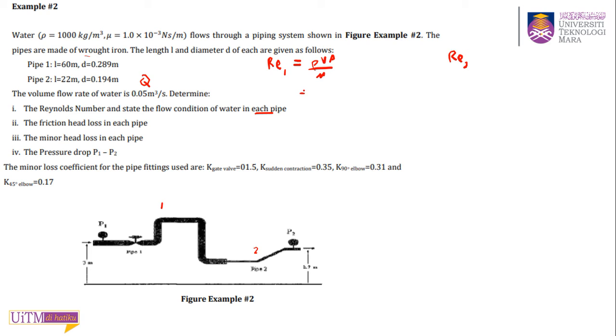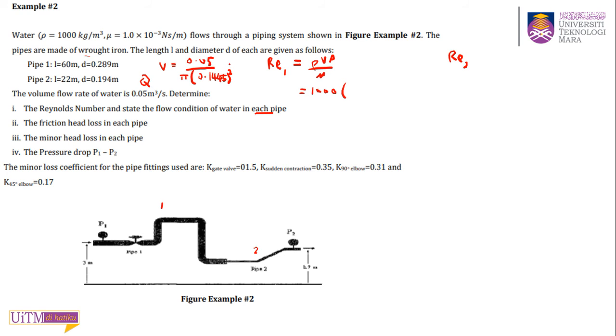The value of rho is 1000 times V. Again, you need to find V from Q. V for pipe 1 equals 0.05 divided by area, pi r squared. R is 0.289 divided by 2, which is 0.1445, squared.